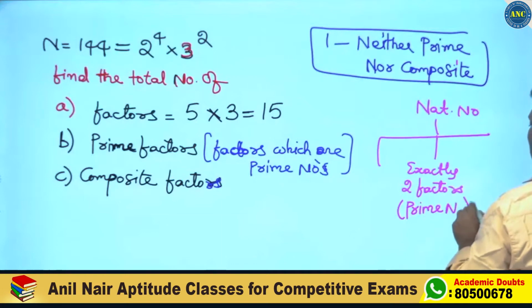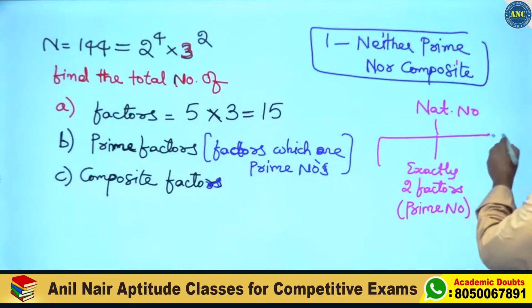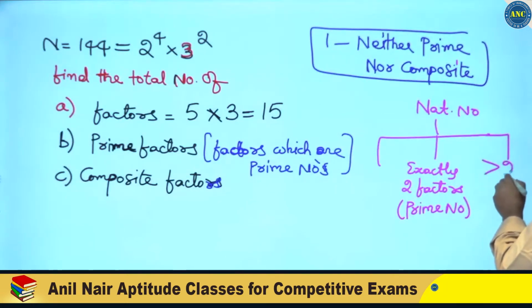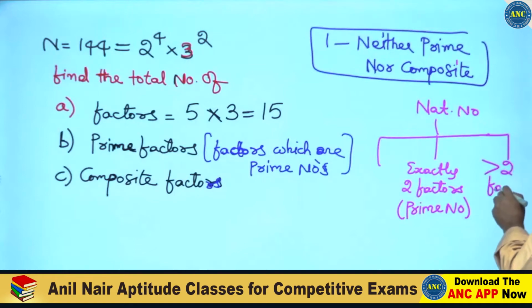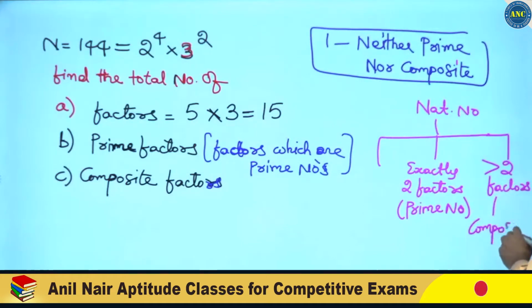If a number has got exactly 2 factors, what are those exact 2 factors? 1 and the given number. If a natural number has got greater than 2 factors, then it is called a composite number.